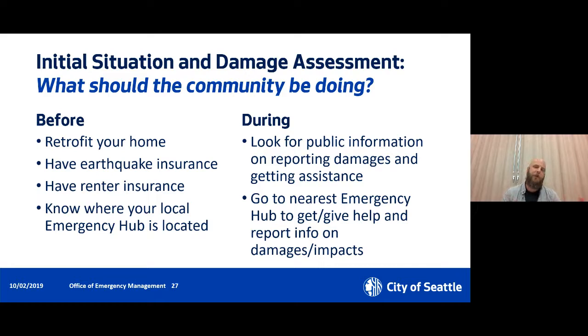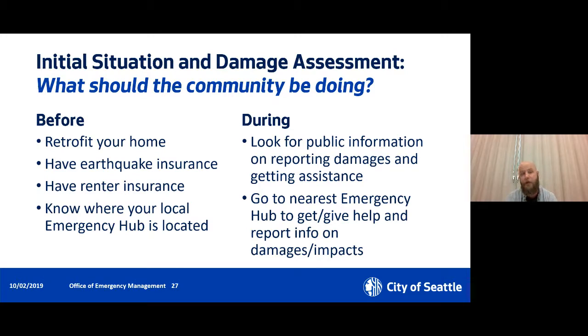So if you had a total loss of your home and you had no earthquake insurance, you potentially could get $35,000, but that would be the most. Obviously, that's not going to go very far if you're replacing a home in Seattle. So having earthquake insurance on top of retrofitting your home is a good practice. And that $35,000 is best case scenario. During Hurricane Harvey a few years ago, the average payout in individual assistance was closer to $5,000.